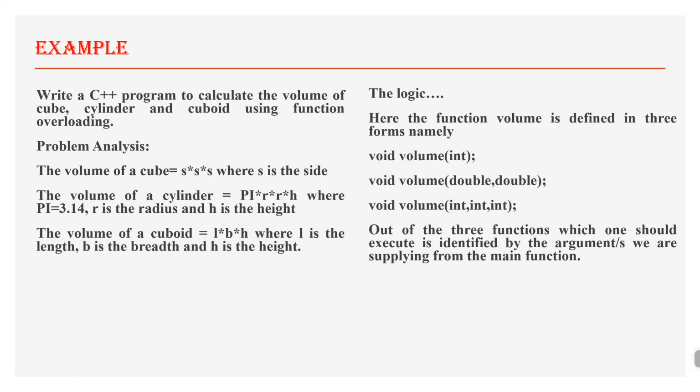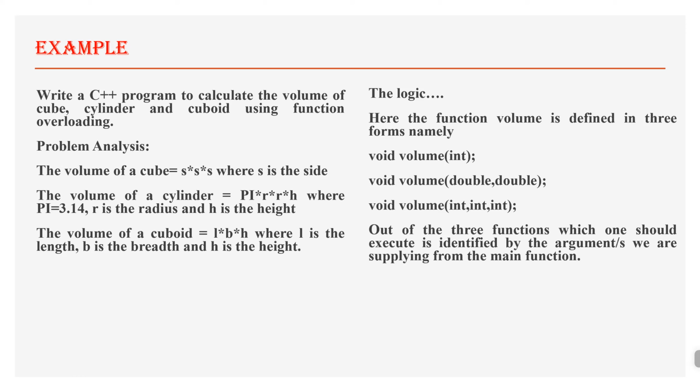Okay, so let us look into the declaration. So what I do is I declare a function in the name volume. Now the function volume is overloaded. How? In one example, to find the volume of a cube, it is taking only one side. So void volume integer.